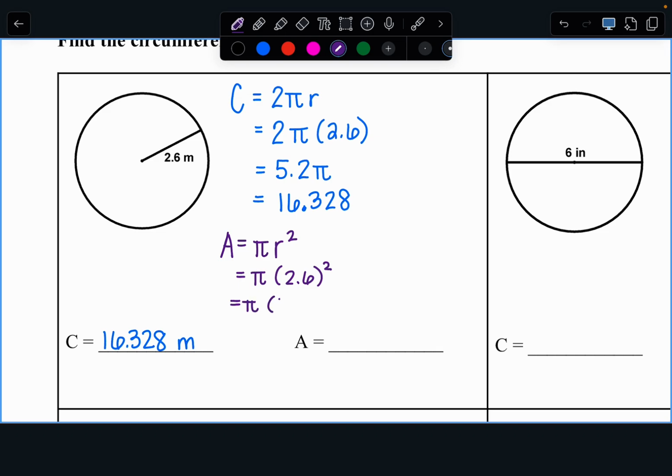So that's equal to pi times 6.76, and we can actually replace pi with 3.14. So this gives us 21.226. And this is in meters squared. Because area is always units squared.